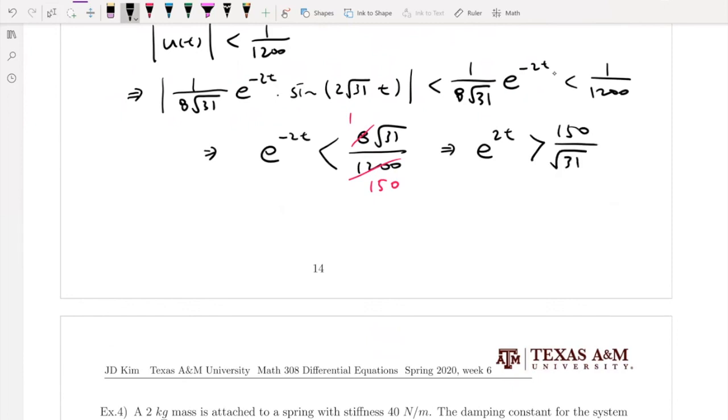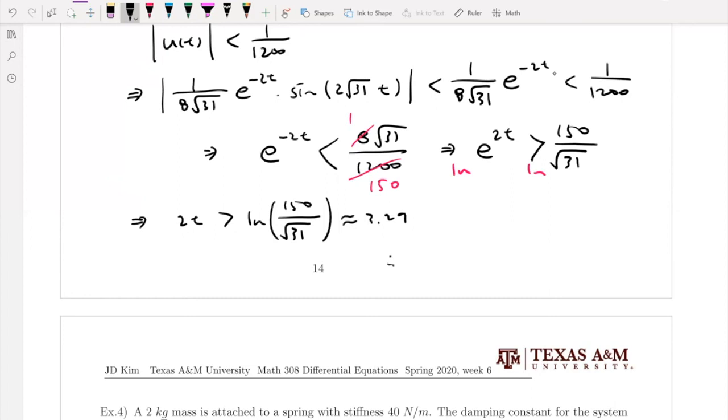Since both of them are positive numbers, we can just take the log on both sides. ln of e to the 2t is 2t, and it's bigger than ln of 150 over the square root of 31. When you use a calculator for this one, it's approximately 3.29.